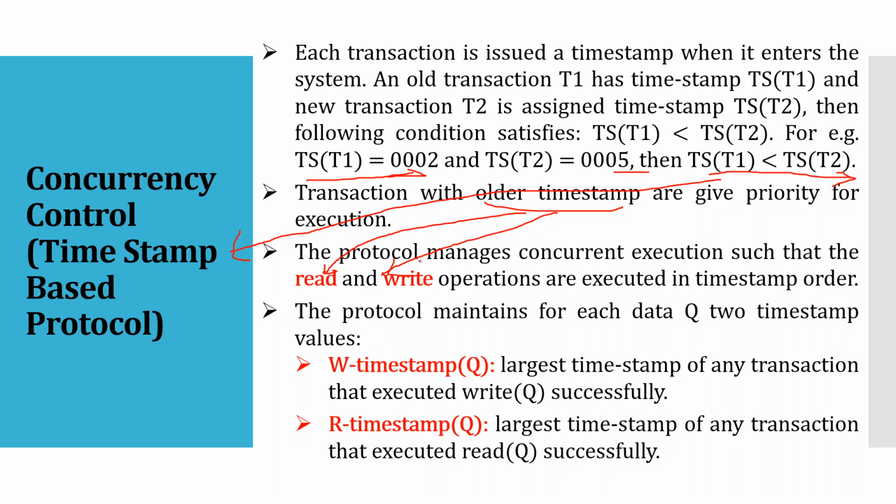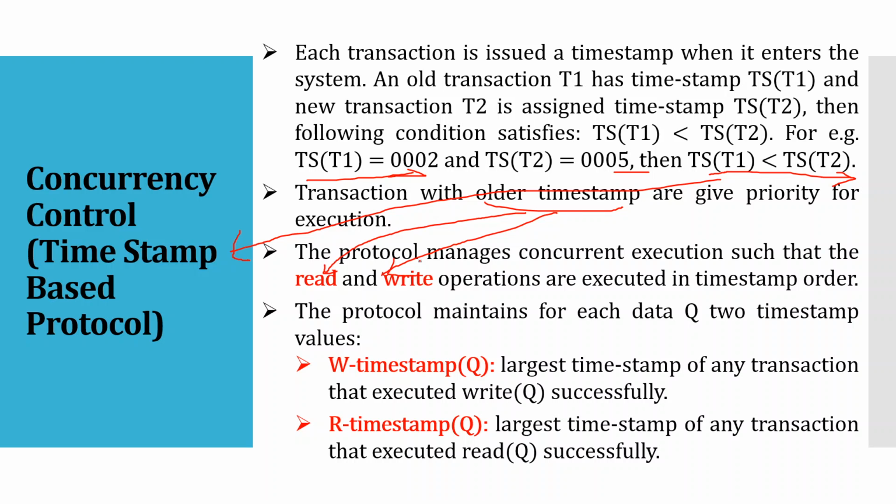Let me take an example: a transaction was given a largest timestamp to write a particular data item of 0005. That means that is the largest time by which you should finish your write operation.